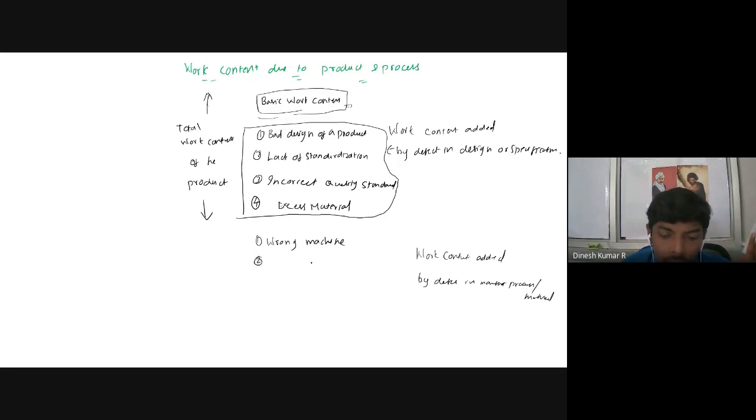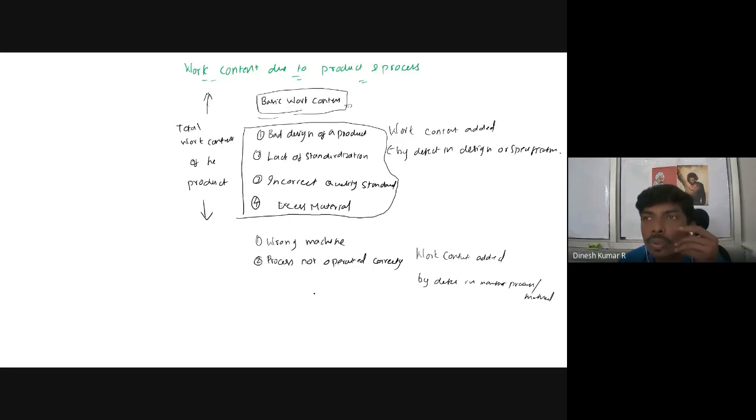The second one is process not operated correctly. You have a process sequence that should be clearly defined and followed as per the standard.